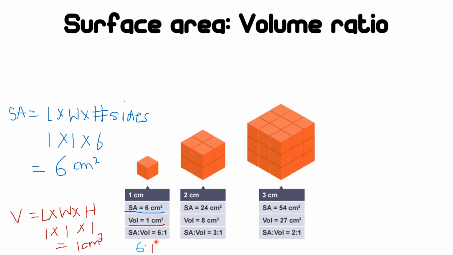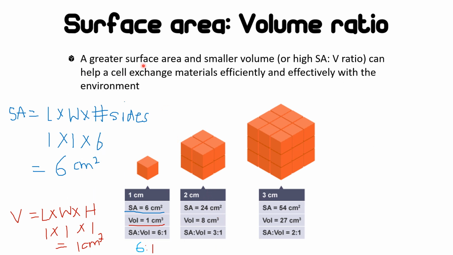As you can see here, there is a larger surface area compared to the volume, which is what we want in cells. The larger a cell gets, the smaller the surface area to volume ratio. What this means is that the greater the surface area and smaller volume, or high surface area to volume ratio, can help a cell exchange materials efficiently and effectively with the environment.